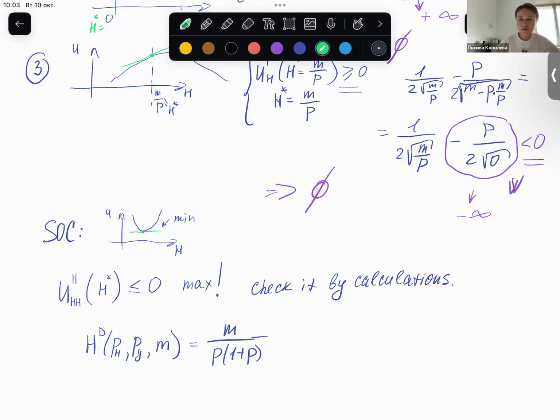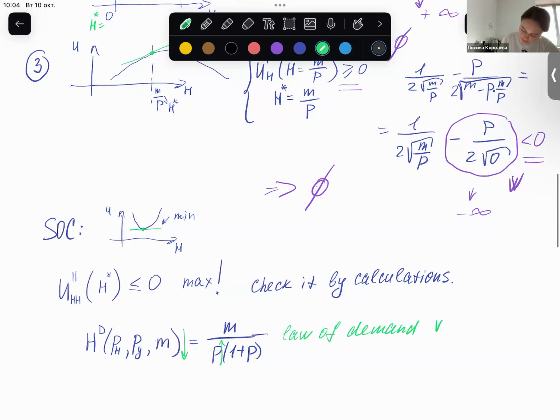What we can check? We can check our logic. Maybe we made some mistakes in calculations. Here we can check the law of demand, and definitely the higher the price of the heating, the lower the quantity demanded. Okay, law of demand checked.